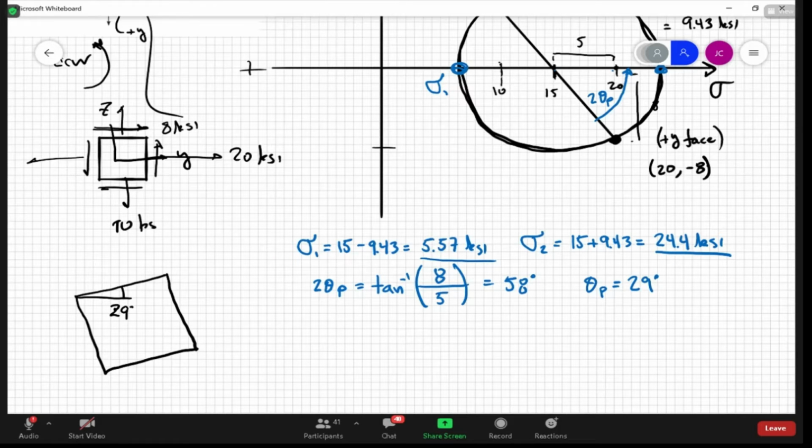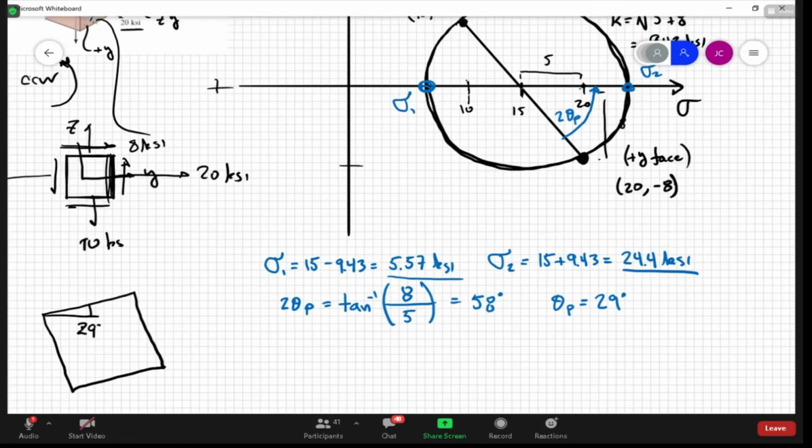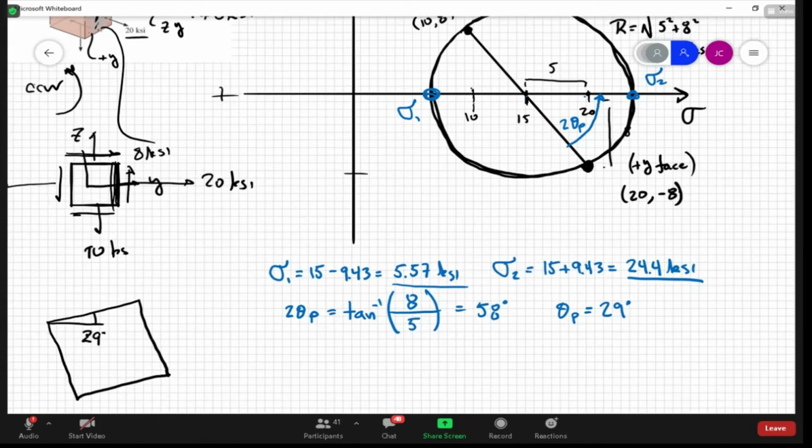So this face here, which was the positive Y face, which corresponded to that point right there, rotates up, and the normal stress on that face will be the second principal stress, sigma 2.